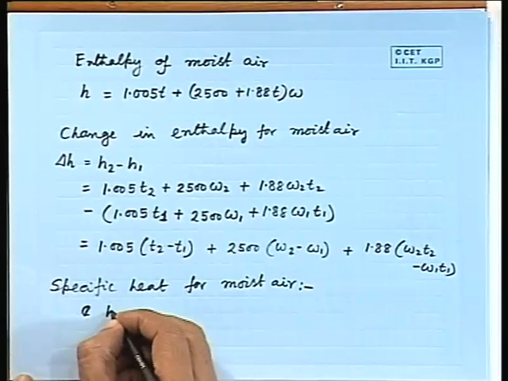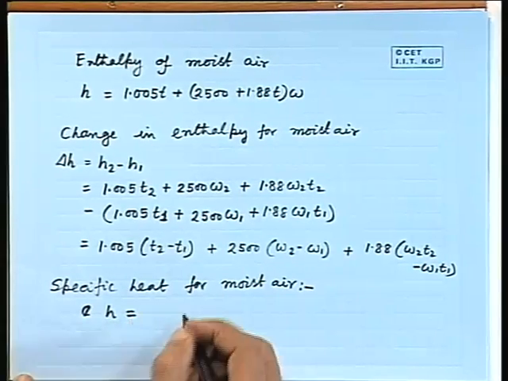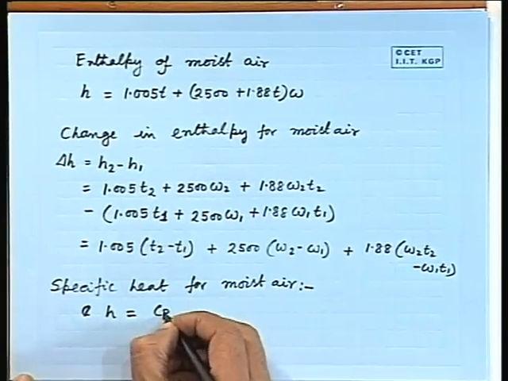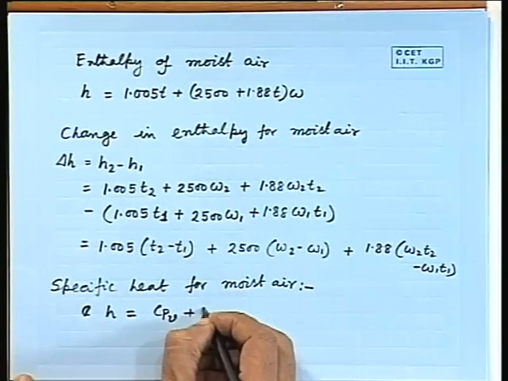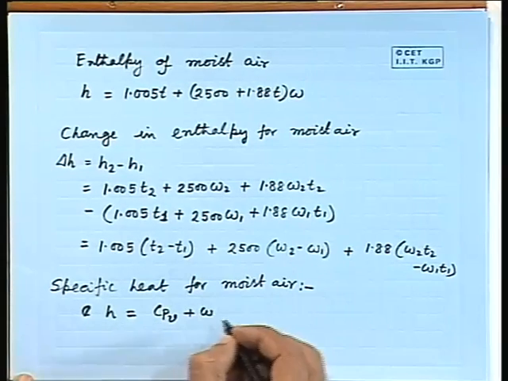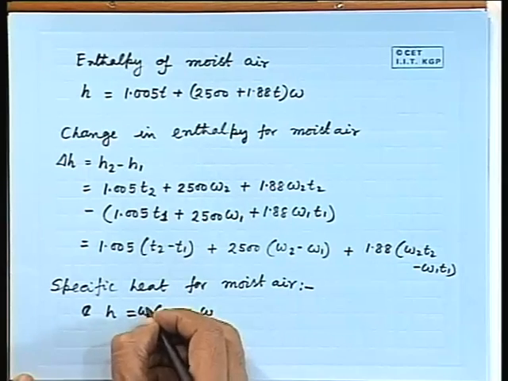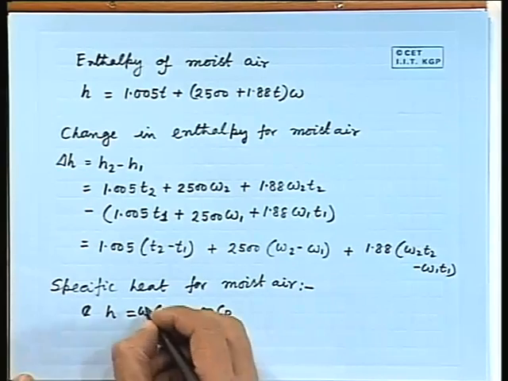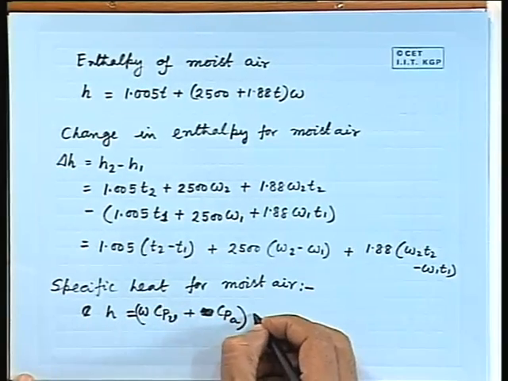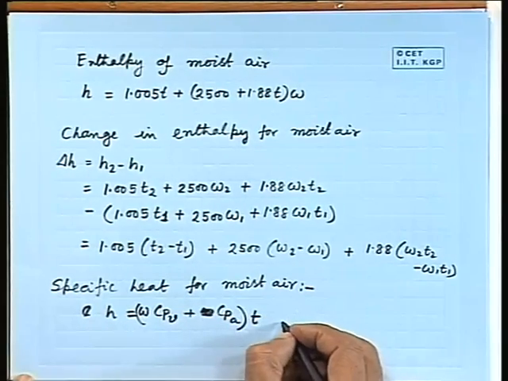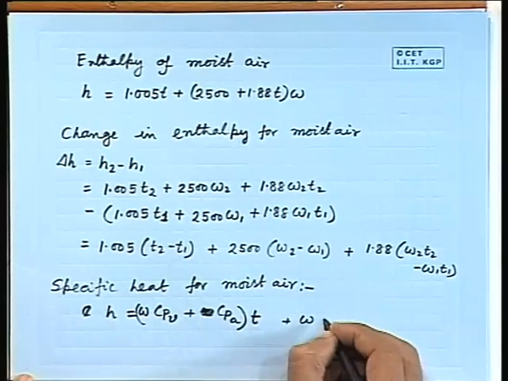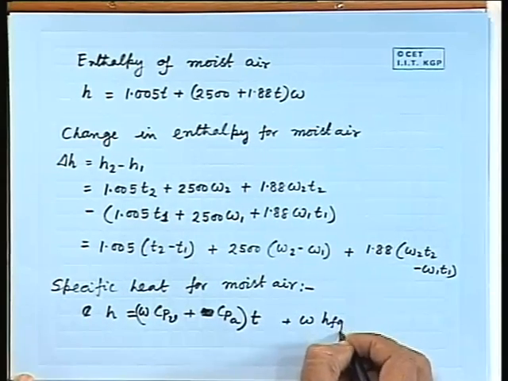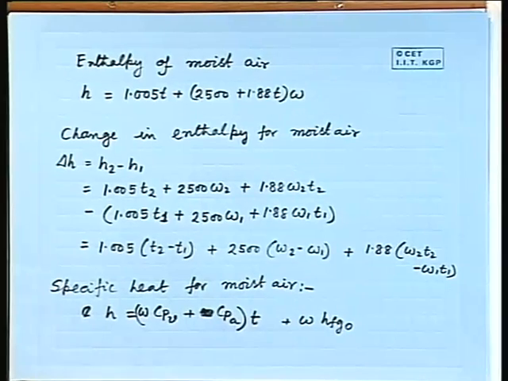One can write H is equal to (W Cpv plus Cpa) into T plus W into hfg at 0.